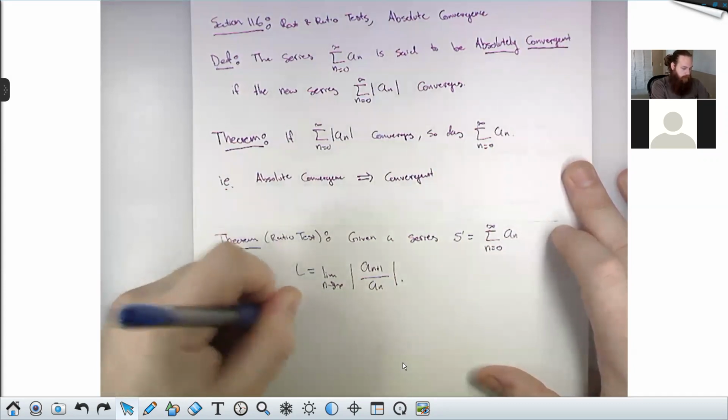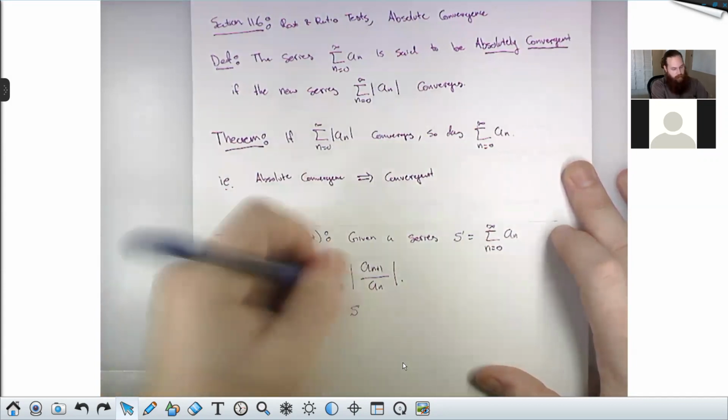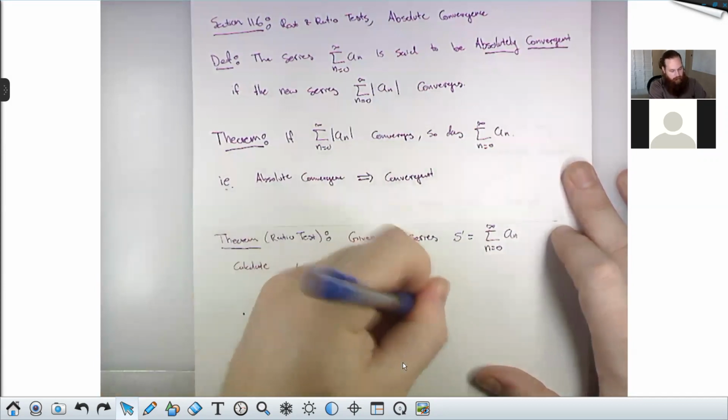If L is less than 1, then the series S converges. Not just that, but it converges absolutely.